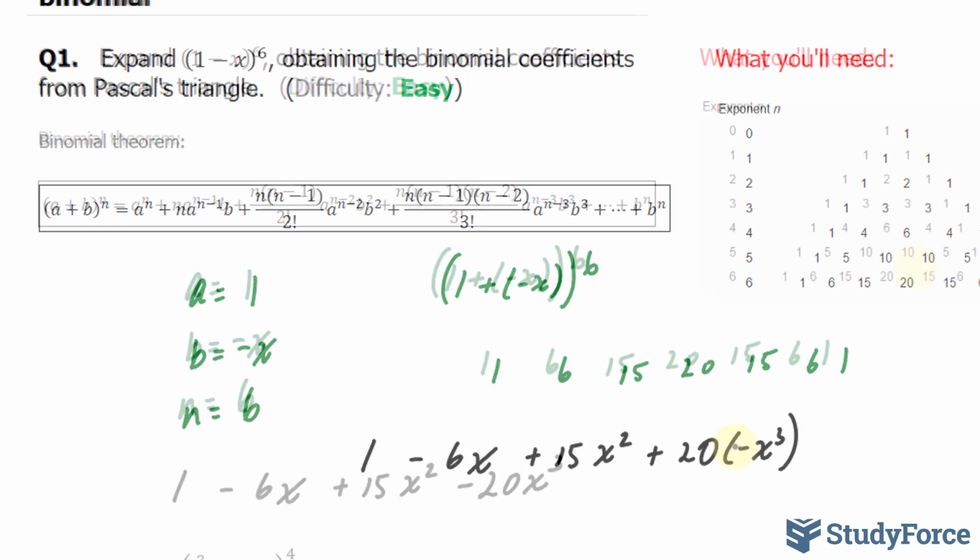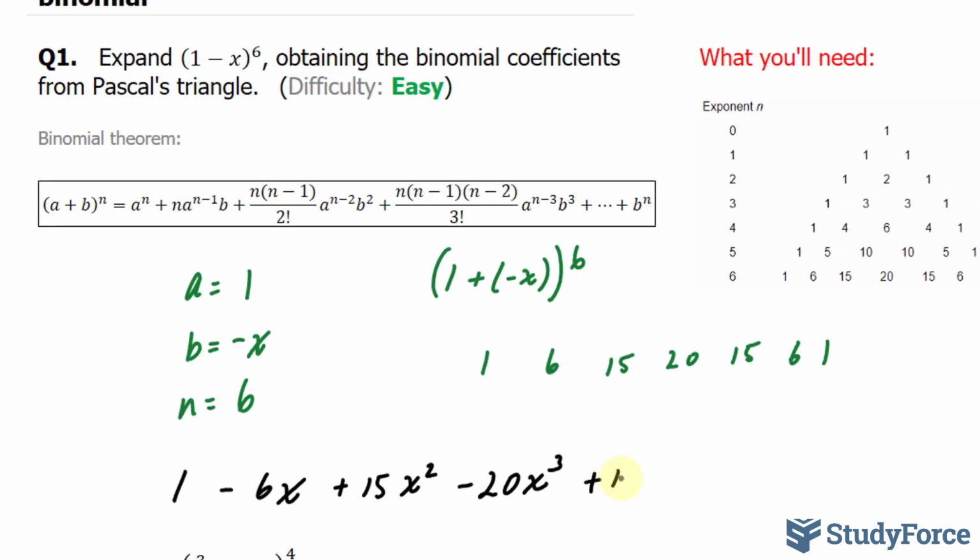Our next term, we'll start with positive 15 as the coefficient. But notice that the formula doesn't go beyond the fourth term. In fact, it skips all the terms in between and ends at the last. So we have to improvise. Your next part would be a to the power of n minus 4 and b to the power of 4.